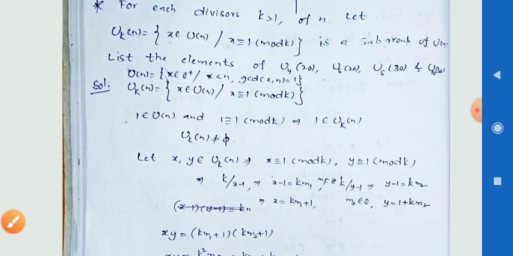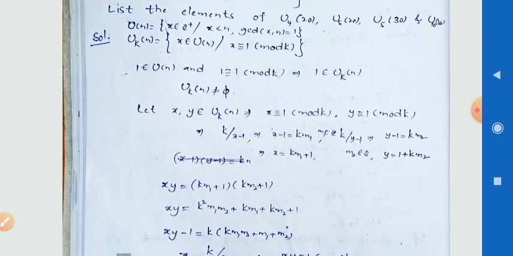This can also be written as x is equal to k m1 plus 1, and y is equal to 1 plus k m2. Now taking the multiplication x into y, x y is equal to (k m1 plus 1) into (k m2 plus 1), and multiplying we get k square m1 m2 plus k m1 plus k m2 plus 1.